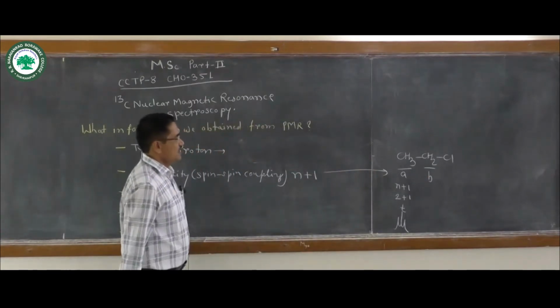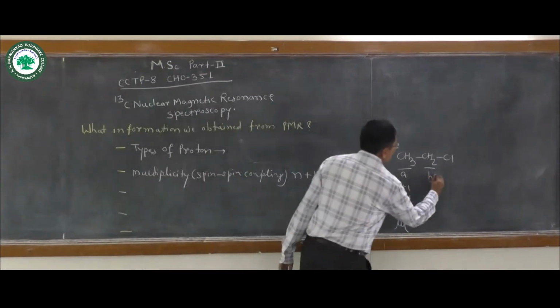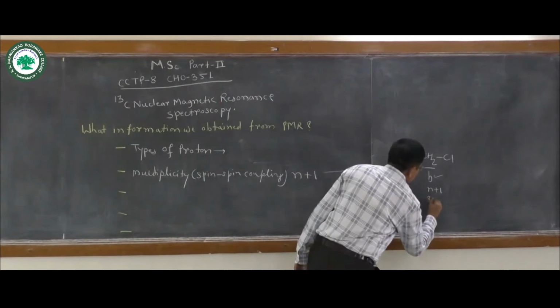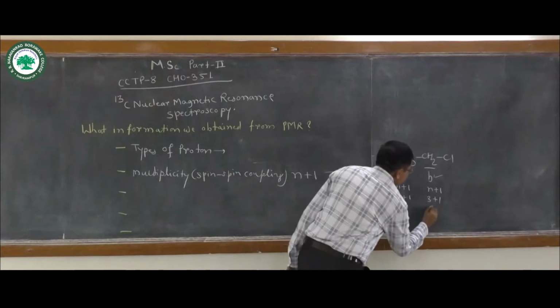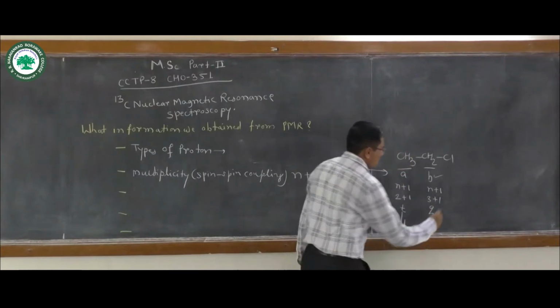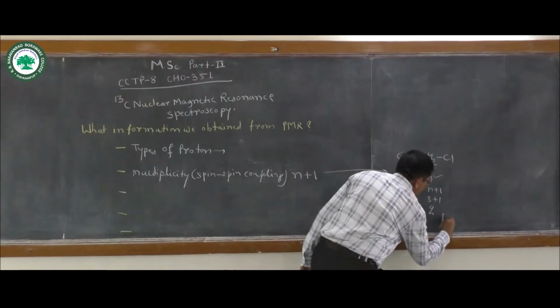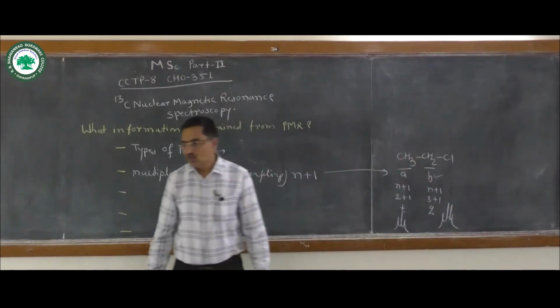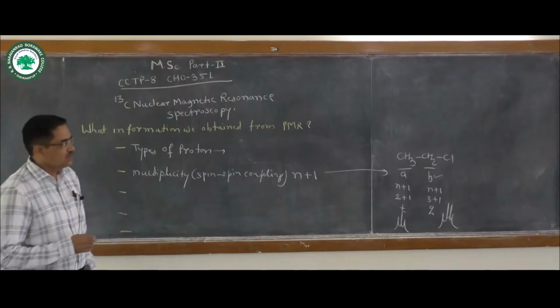Now consider B: n+1, here 3 plus 1, means it gives 4 lines. 4 lines is nothing but a quartet, and the signal looks like this in the spectrum.